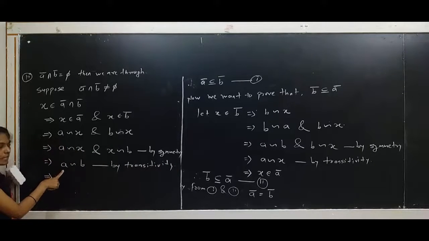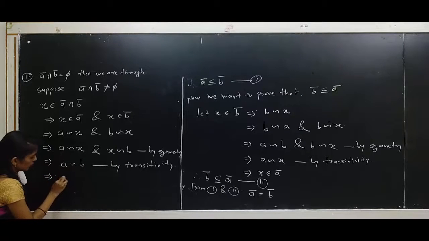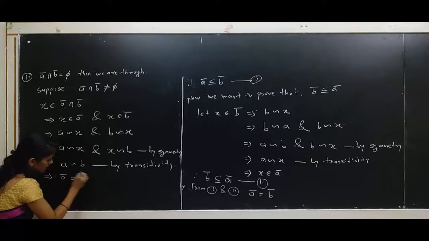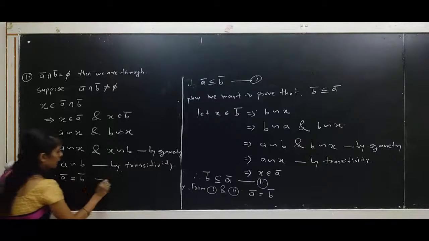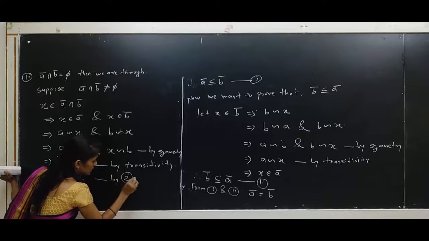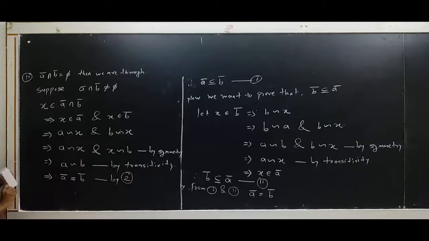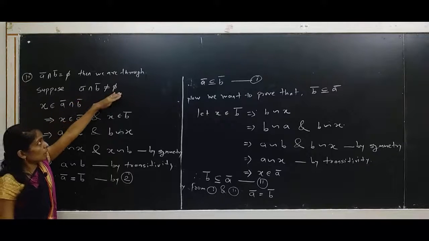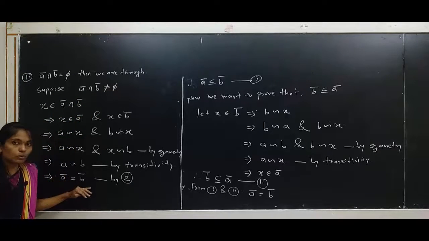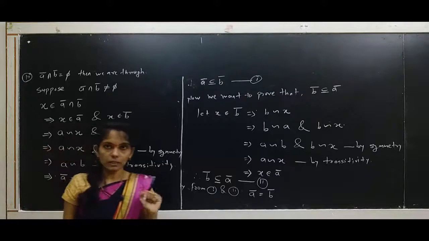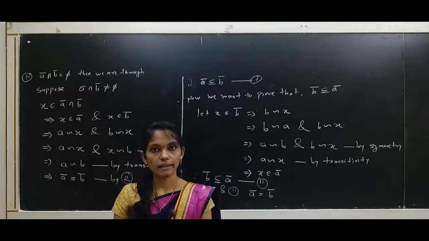So from the second point of the theorem, A related to B here, so we get equivalence class of A equals equivalence class of B. Okay, so here we get either A bar equals B bar or A bar intersection B bar equals phi. If the intersection is empty, then nothing to prove, we are through. And if the intersection is not empty, then we get A bar equals B bar. Okay, get it?